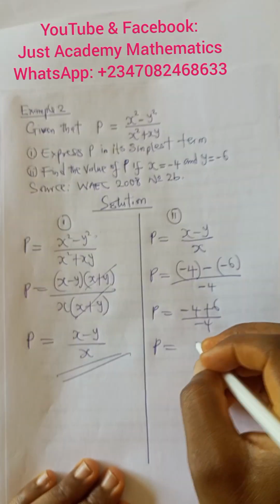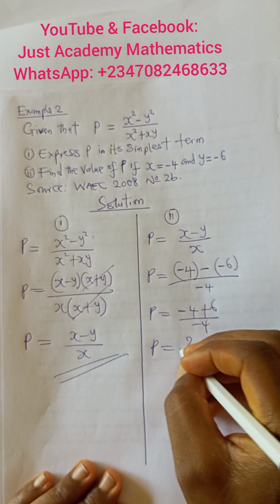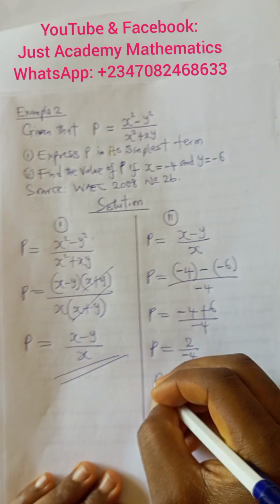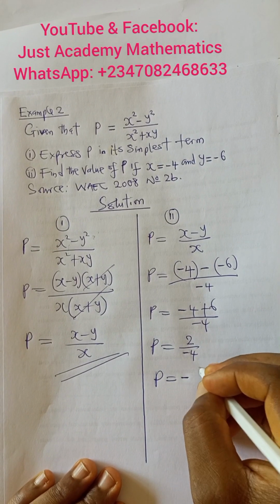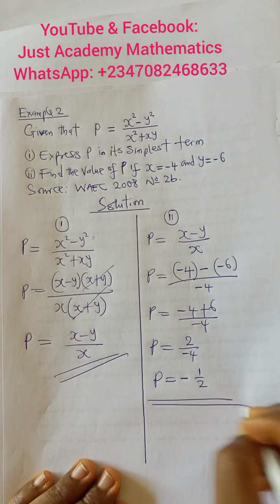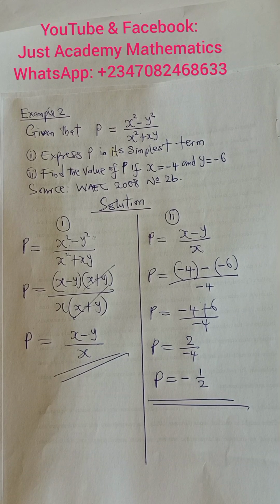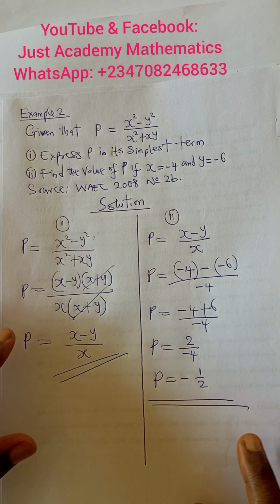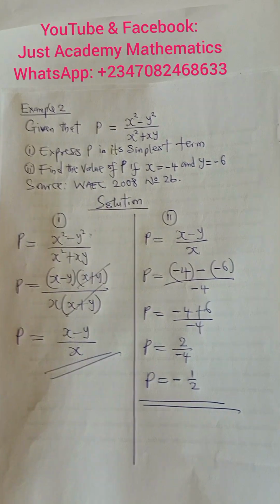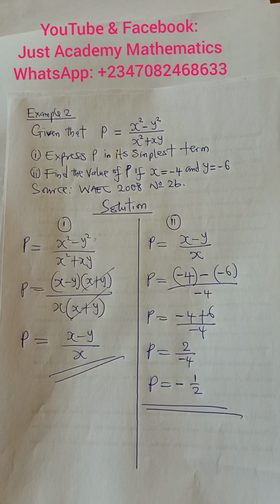So P is equal to 2 over minus 4. And 2 over minus 4 is what? Minus 1 over 2. That is the value of P when x is minus 4 and y is minus 6. Are you following? So that is it.